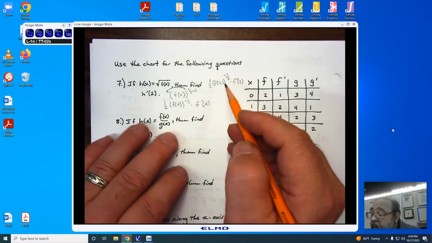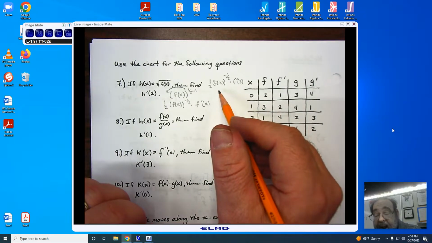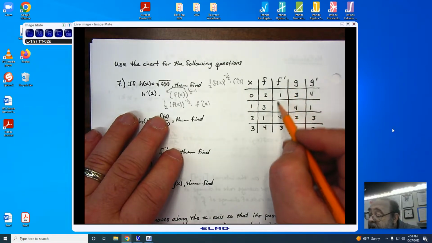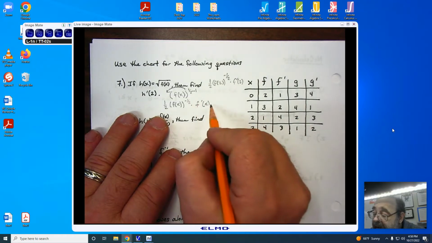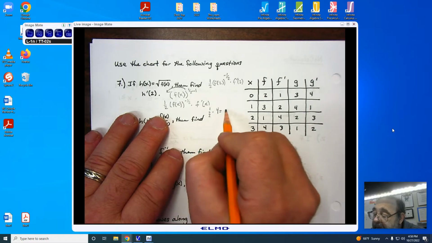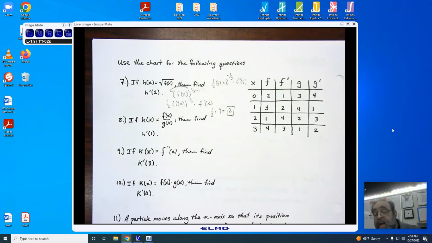So we're talking about the square root of 1 is 1. Multiplied by a 1/2 is 1/2. And then I'm looking for f prime at 2, and f prime at 2 is 4. As a result, I then have 1/2 times 4, and that yields the answer 2. That's what I'm looking for in number 7.